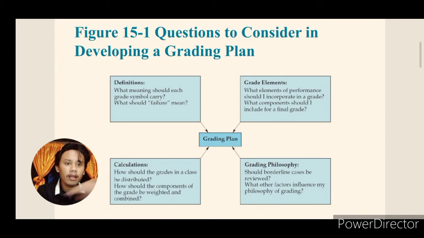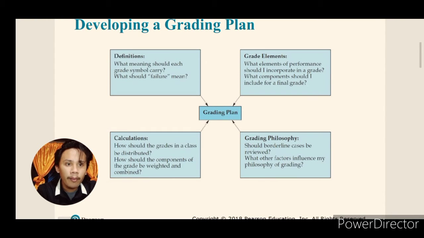For the grading philosophy: should borderline cases be reviewed, and what other factors influence my philosophy of grading? In calculations: how should the grades in a class be distributed, and how should the components of the grade be weighted and combined? These are just some of the questions to be considered in developing a grading plan.